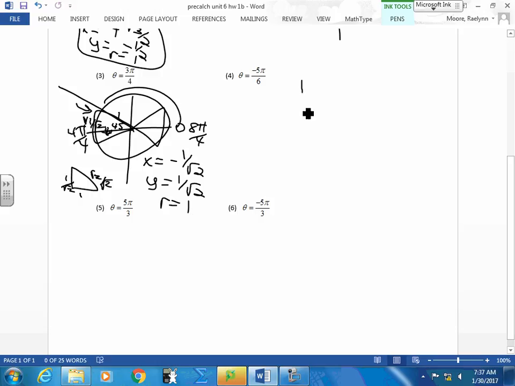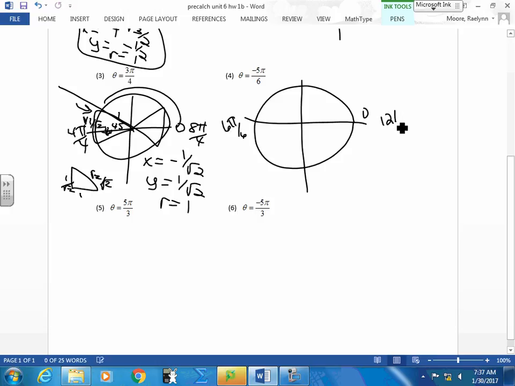Okay, negative 5 pi over 6. I start the same way. This is my 0, this is my 6 pi over 6, this is my 12 pi over 6. How many times does 6 go into 180? 30. So I have a 30-degree triangle. What quadrant would this be in?